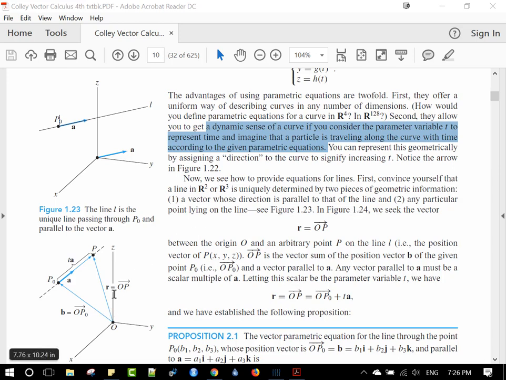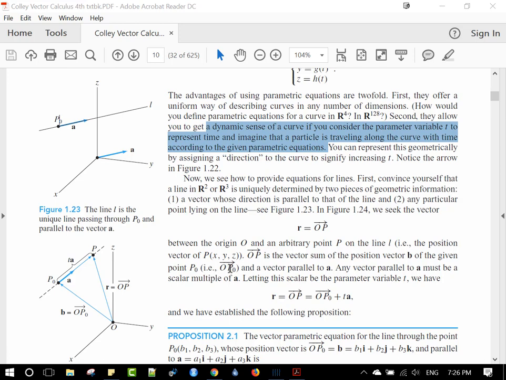In figure 1.24 we seek the vector r, which goes from O to P, between the origin and an arbitrary point P on the line L. So here we're trying to find the vector r.